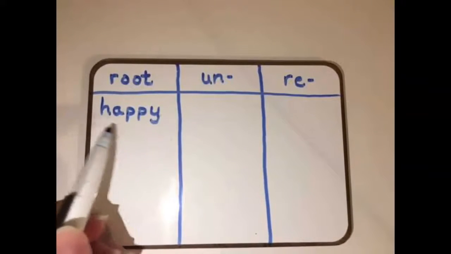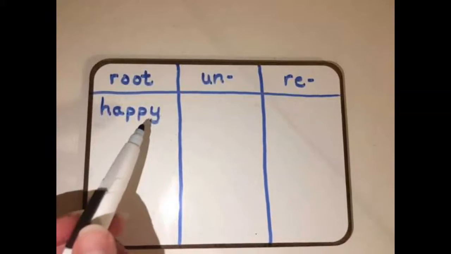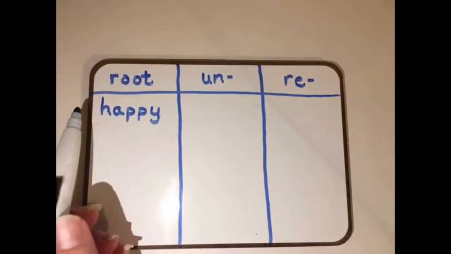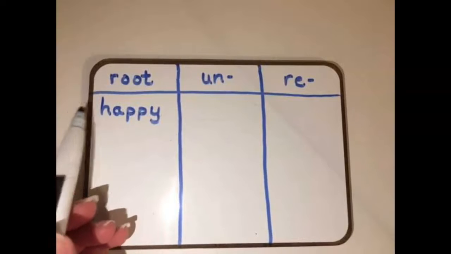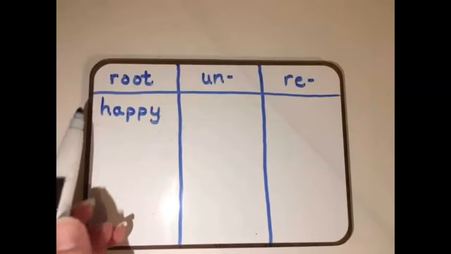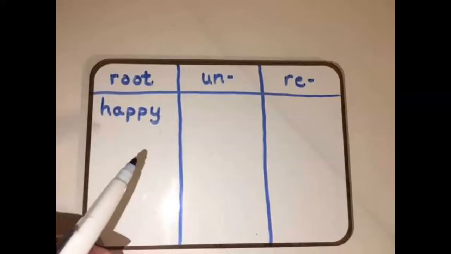The word that already exists is the root word. The thing that we're learning about today is called a prefix. A prefix comes before the beginning of the word. Pre means before. So a prefix is part of a word that comes before the root word, okay?